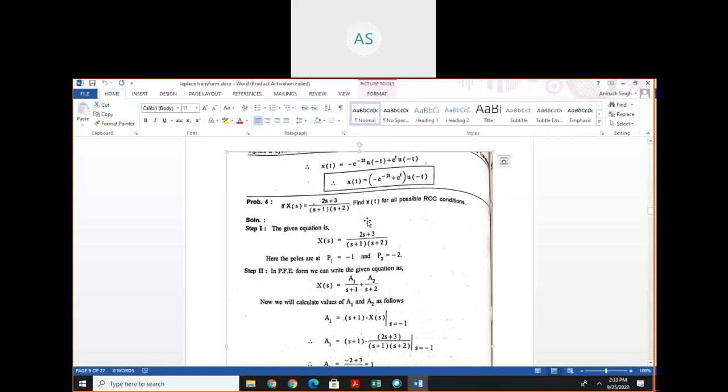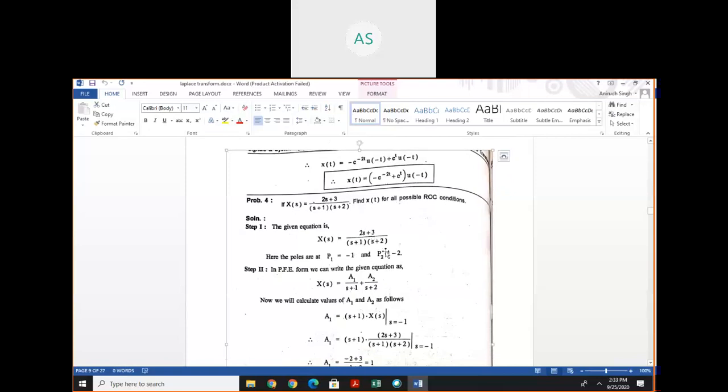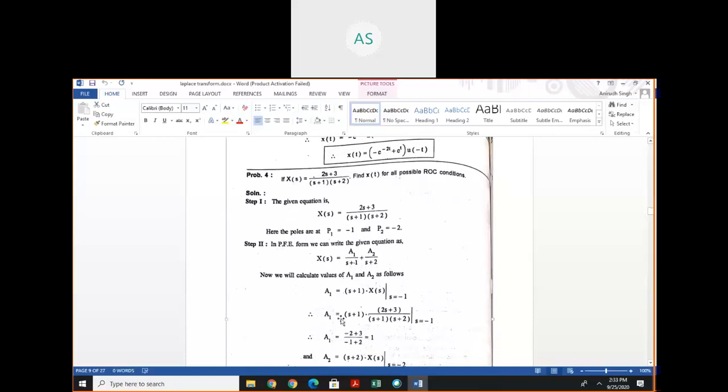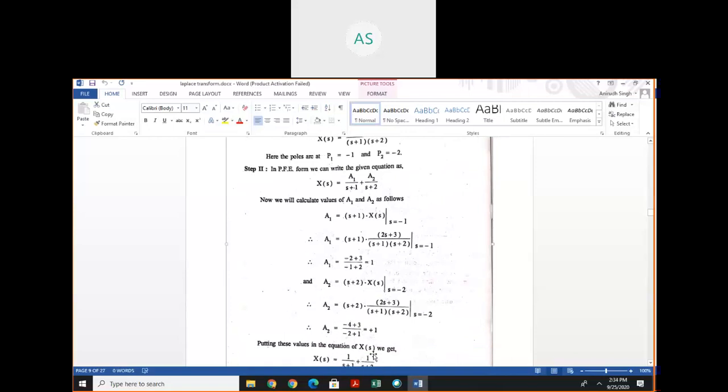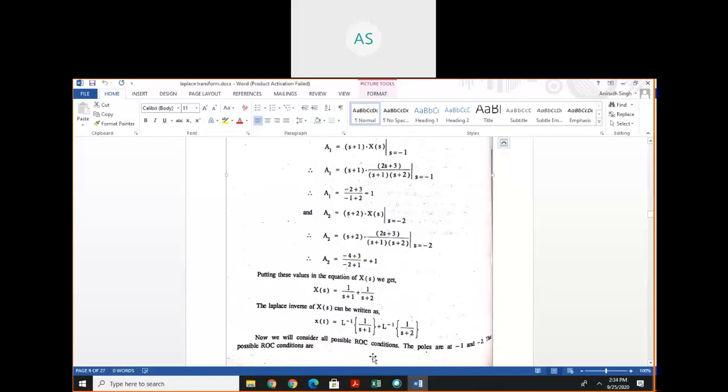And we can easily calculate the inverse Laplace transform of 1 by s plus 2, which is equal to minus exponential minus 2t u of minus t, and the inverse Laplace transform of 1 by s minus 1 is given by this. So for three different ROC, we get three different time domain signals.